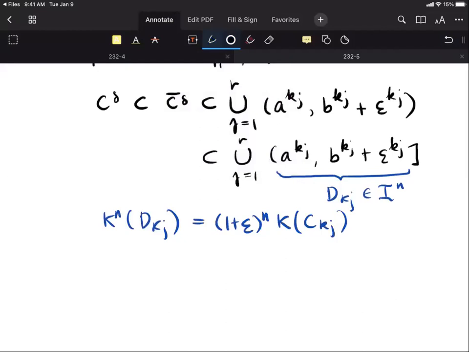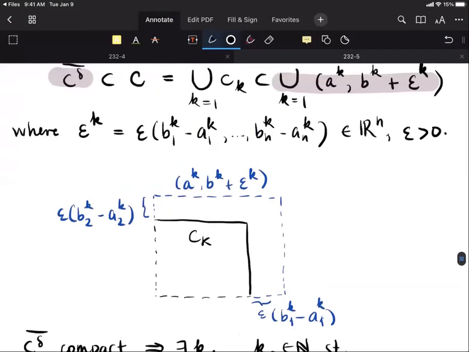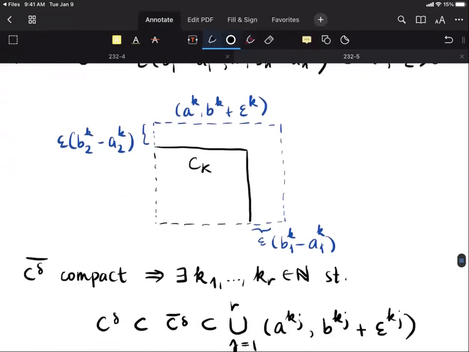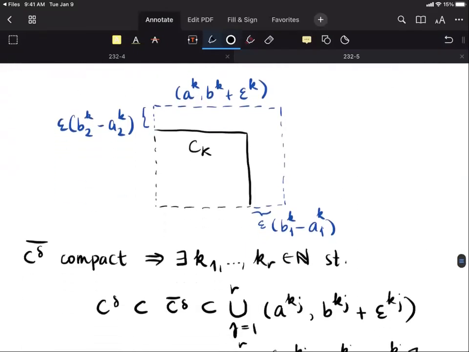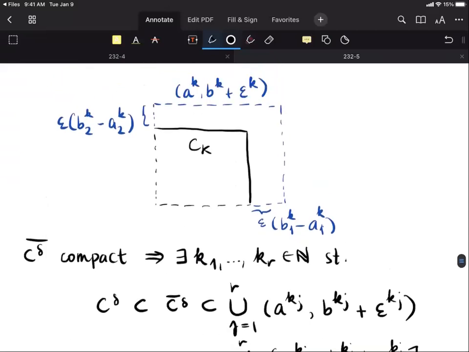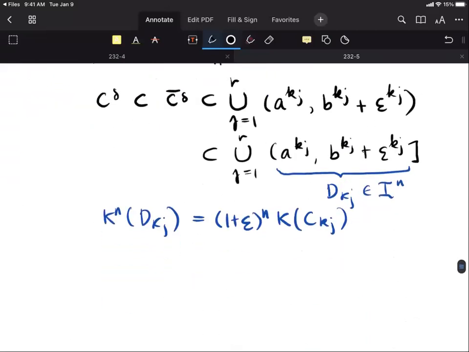By using the definition of kappa n, you have 1 plus epsilon here because you will get an extra factor of epsilon here. So each component will give you an extra epsilon on the width. Therefore, with respect to the n-dimensional content, you will have an extra factor 1 plus epsilon of the original cell C_{kj}.